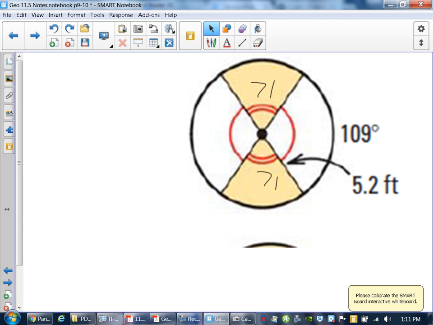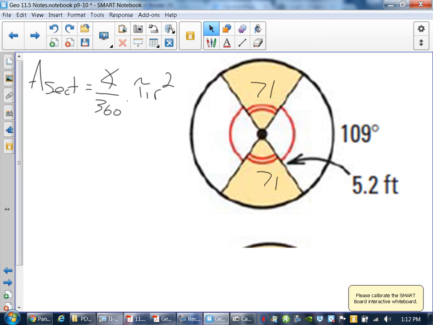Now if I take those two wedges, aren't those two wedges not a half circle, but a sector? And that's what we talked about yesterday. Area of a sector: the portion of the circle is angle over 360 times pi r squared. Well, I now know that I have an angle. 71 and 71 gets me 142, I believe.